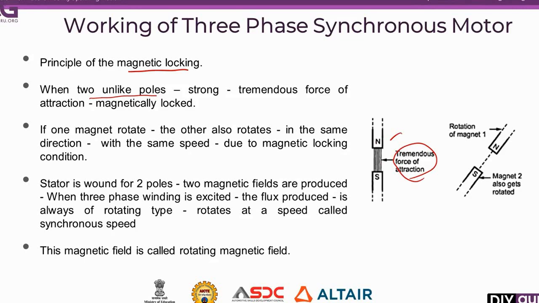Take this as diagram A. If you see in diagram B, if one magnet rotates, the other also will have the tendency to rotate in the same direction with the same speed. Since there is a lock between these two, this is called the magnetic locking condition.